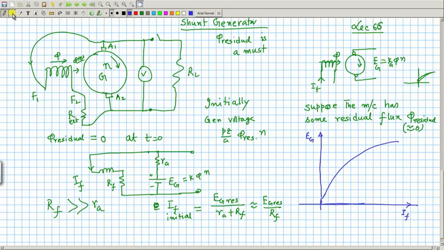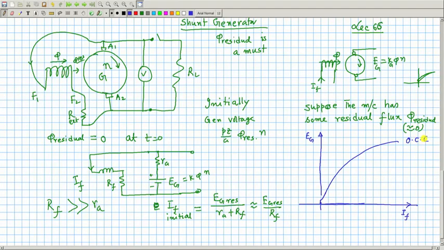I will make it nicer. What I mean to say is this, that this curve with field current 0, this is OCC.